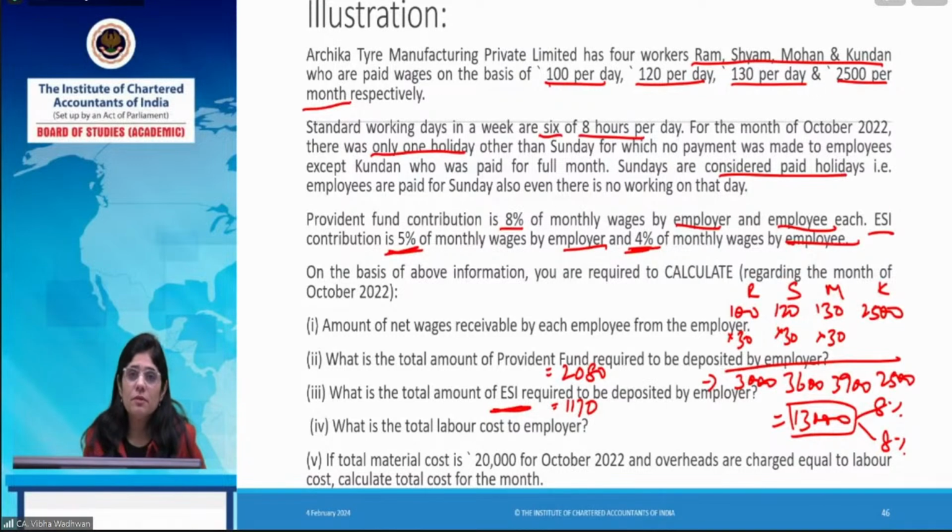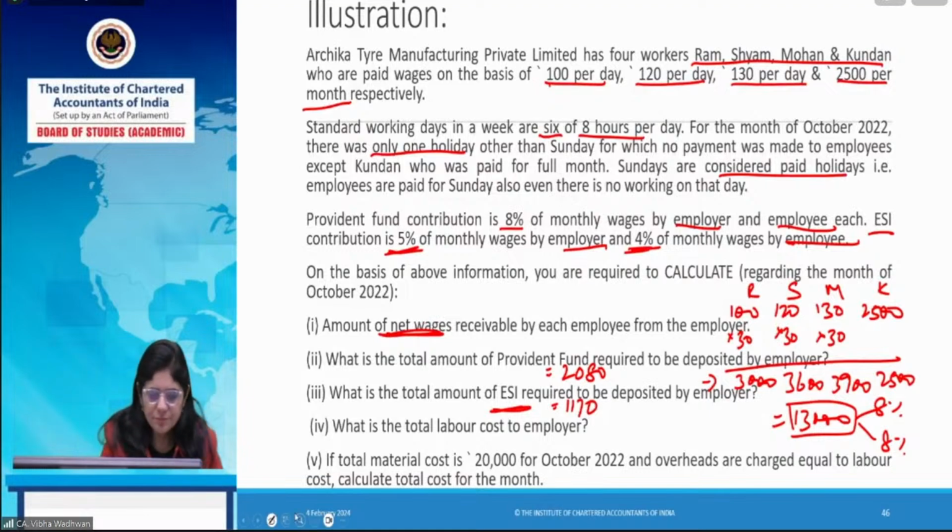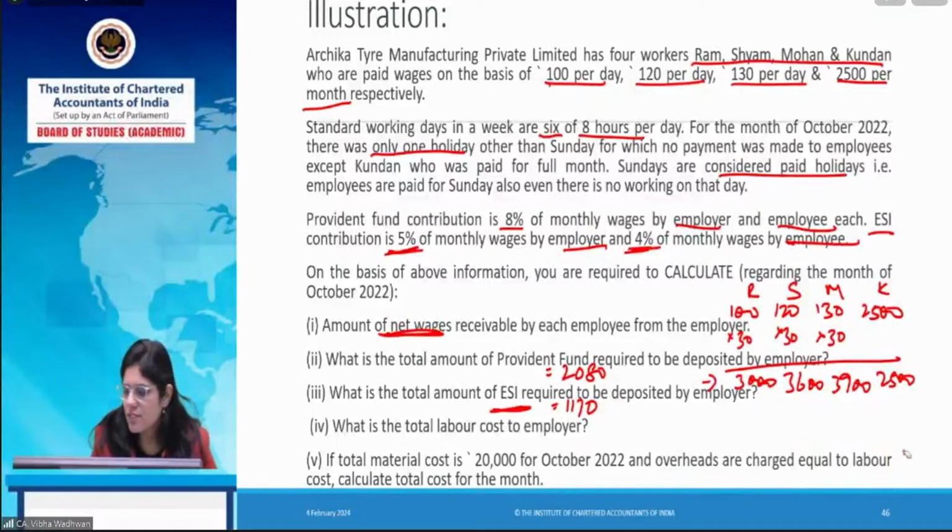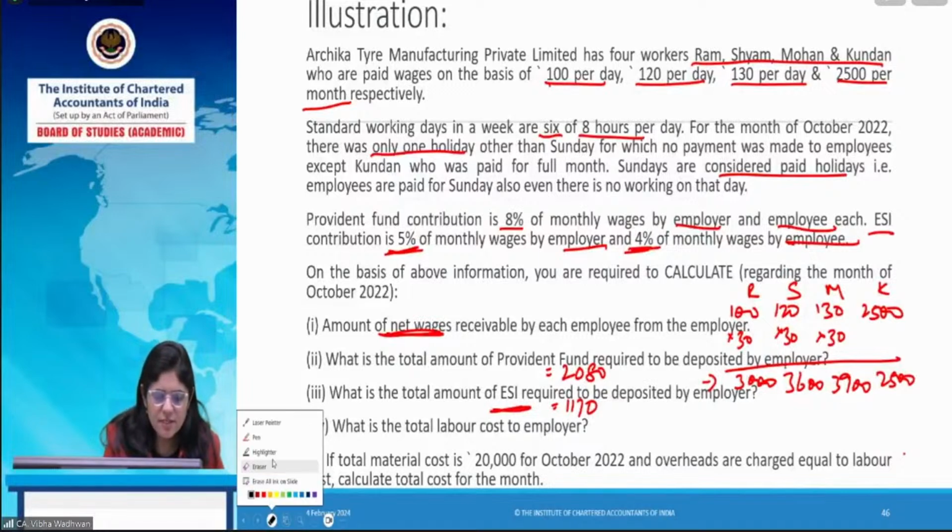Students, which contribution are you deducting for net wages? Let me know. I think some of you are making a mistake. That's why the answers are coming different.